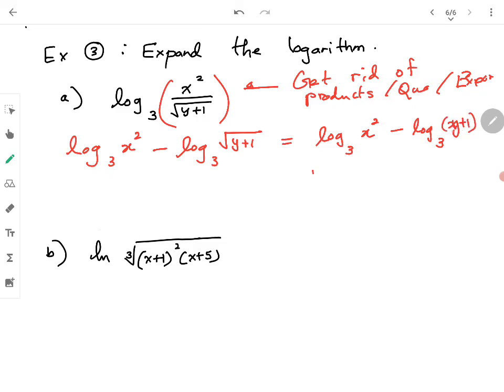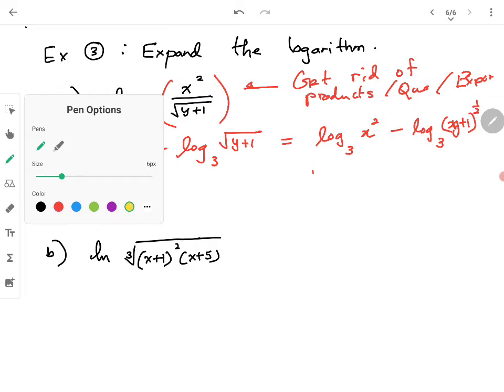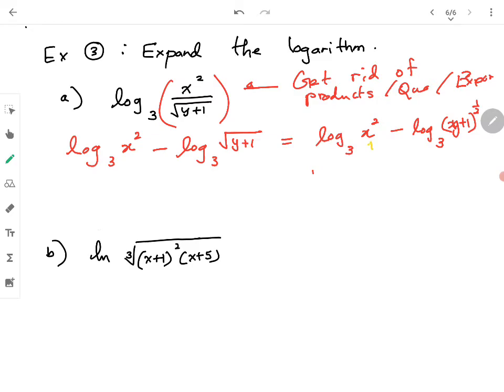So y plus 1 square root means half power. Now look at term by term and simplify them. If there's a product inside or quotient, you need to get rid of them. So in this term, no products, no quotients, but there's a power exponent, so you need to get rid of that. And for this term also, no products, no quotients, but there's a power, so get rid of that using the exponent rule.